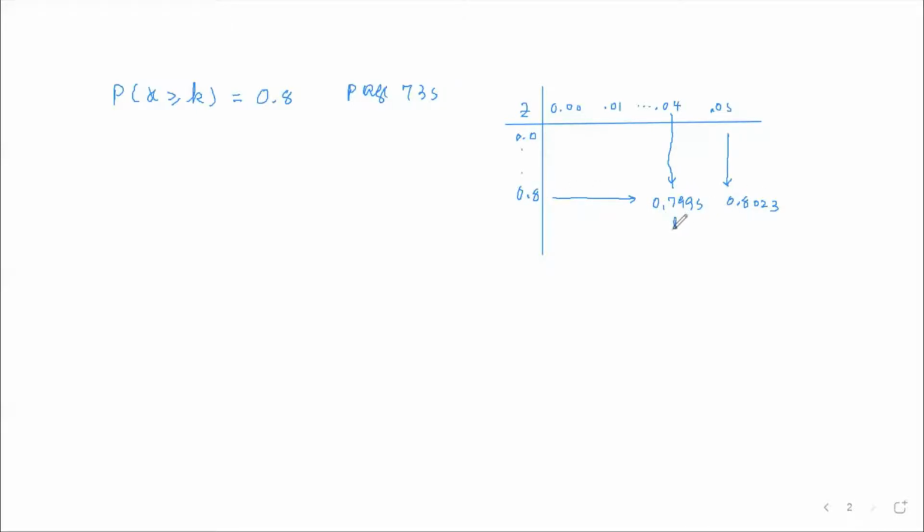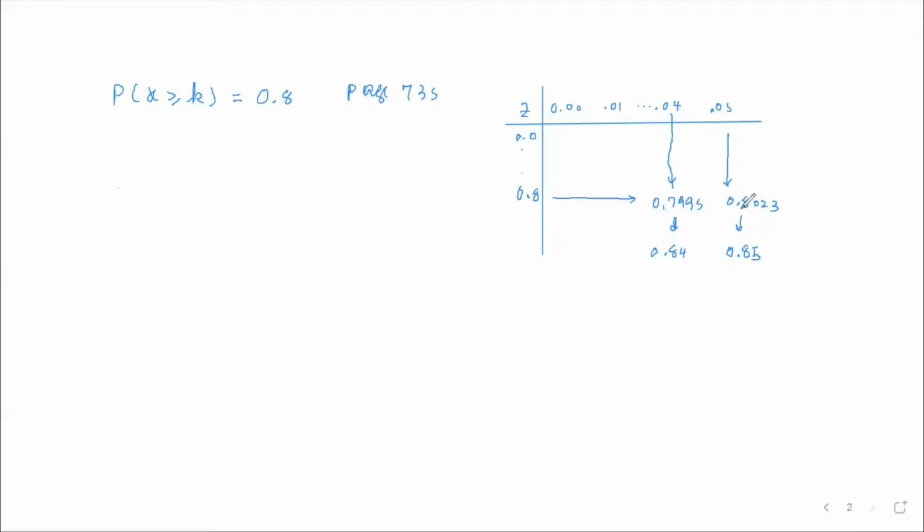That means this Z-score is equal to 0.84, and this one, the Z-score is equal to 0.85. Now you make the ratios. Okay. So you take the higher minus lower first.